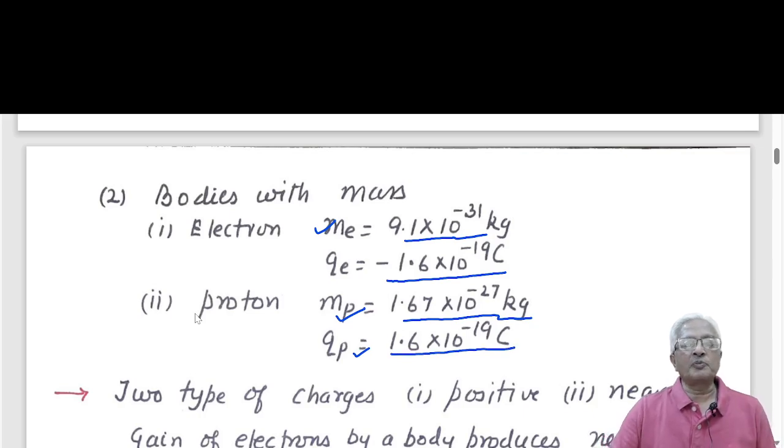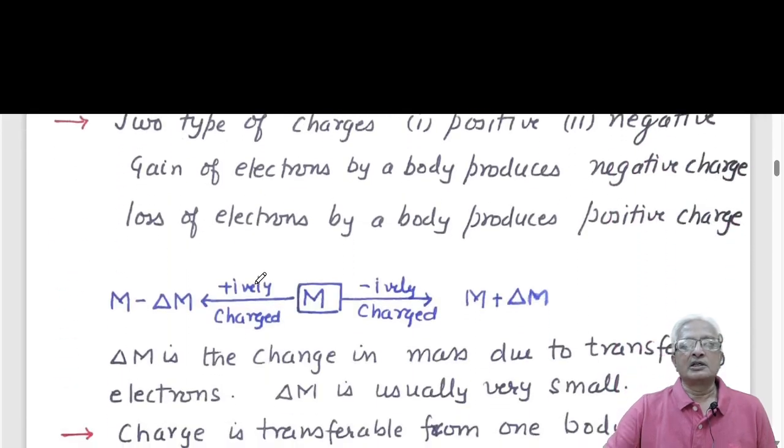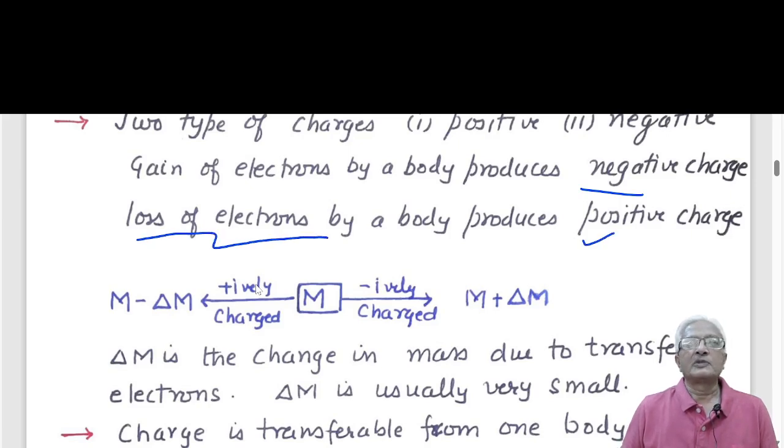There are two types of charges, positive charge and a negative charge. The gain of electrons by a body produces negative charge, while loss of electrons produces positive charge. I have a body of mass m. When the body is negatively charged, that means it gains electrons.